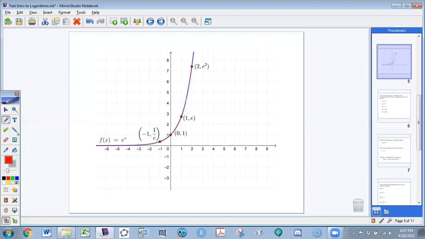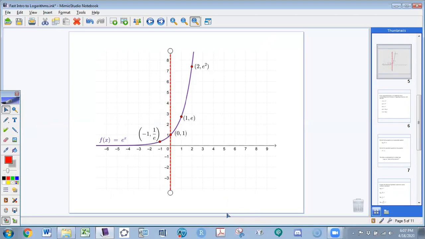Again, we have a horizontal asymptote on this graph. So that is going to create a vertical asymptote on my inverse function. We'll move that over just slightly to get it more on that axis there.